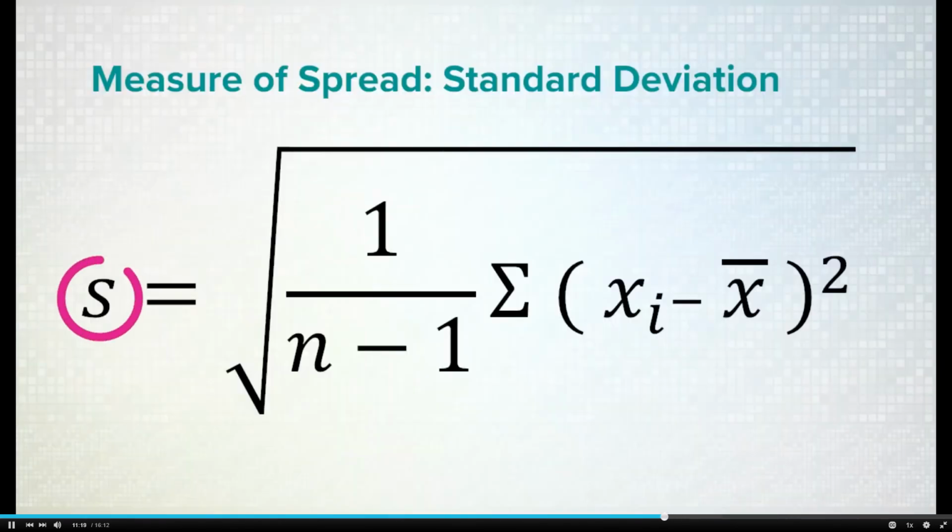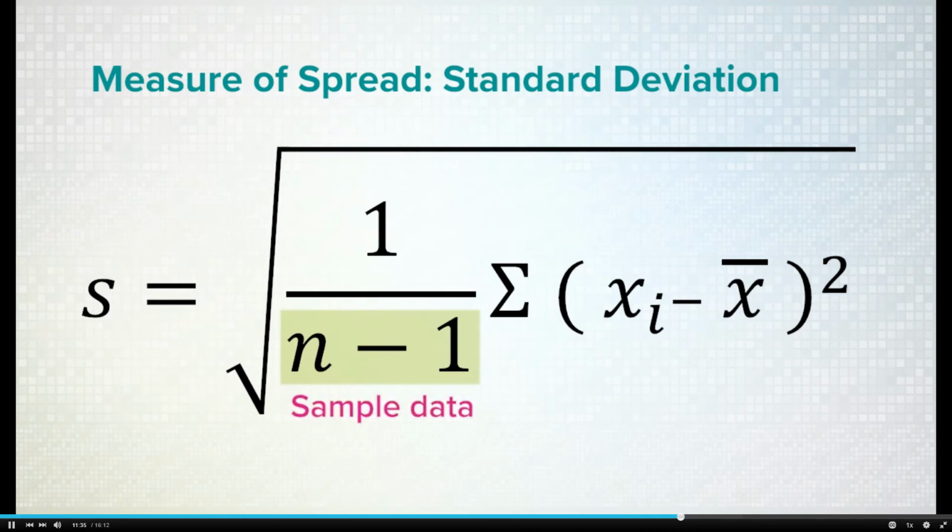And what really is the difference? Well, in that formula, S divides by n minus 1, whereas sigma is divided by n. As you can see in the formula, there's an n minus 1 there. It shows you that we're dealing with the sample data. If it was just n, I would assume it was a population, which we usually never have.